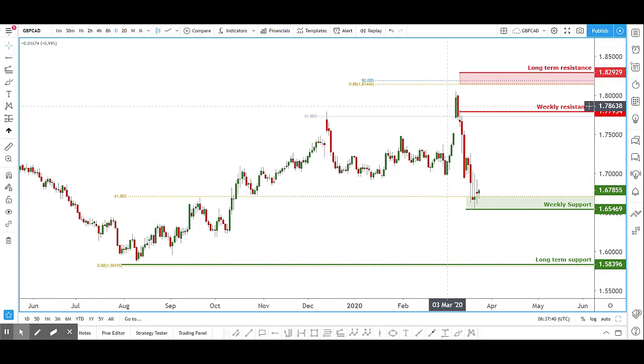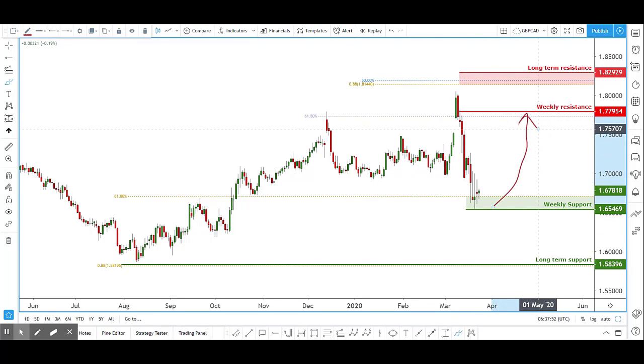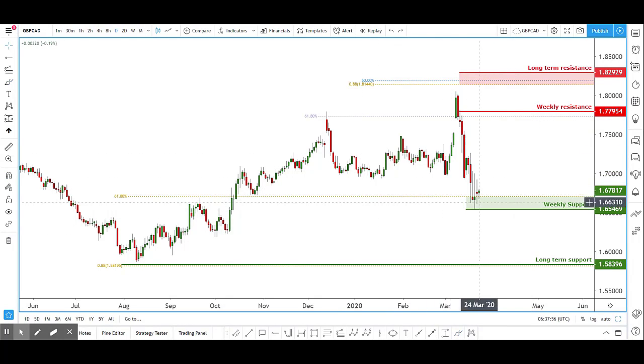What we have here is that price has come down and is testing and within our weekly support zone. What I expect to see is for price to make a push up towards the weekly resistance at least, because this is a key support level. I want to see whether we can find any other stronger confluence for support at around this 1.6546.